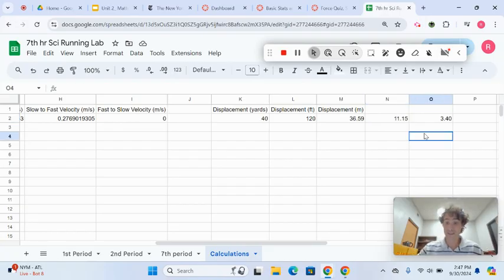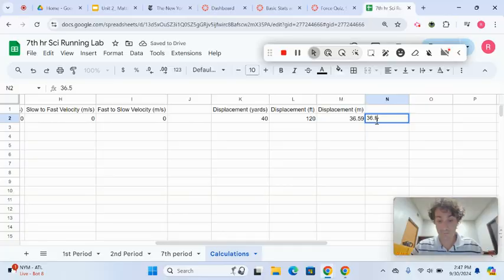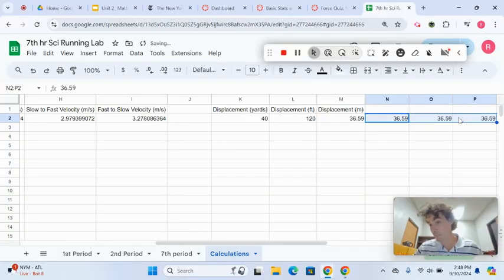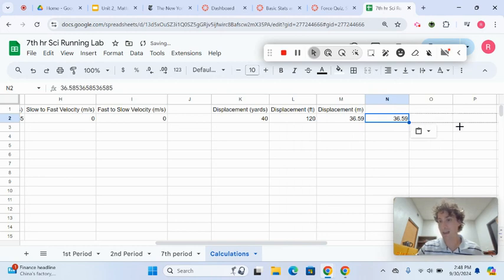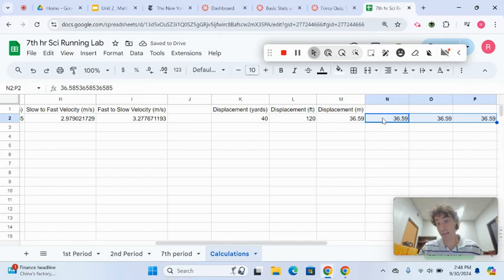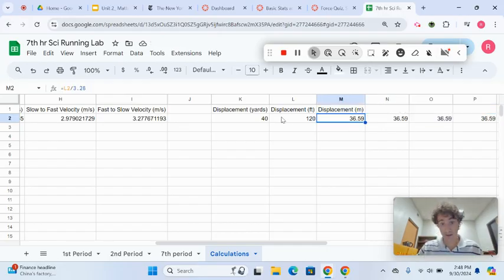So how could I fix this problem? I could just type 36.59, and then click and drag. That works. I could click this, copy it, and then click paste special, just the value, and then drag that. I have options. Could you have done this calculation here and gotten rid of the stuff here?